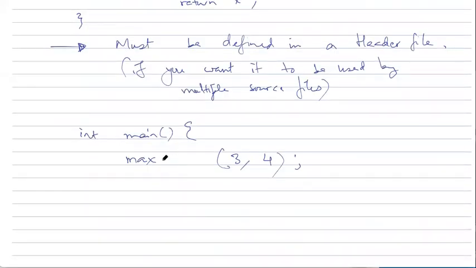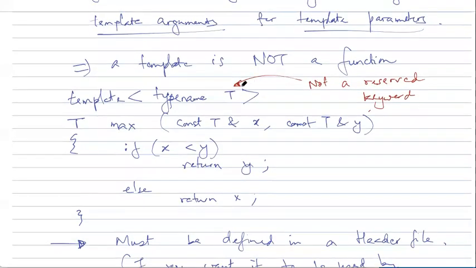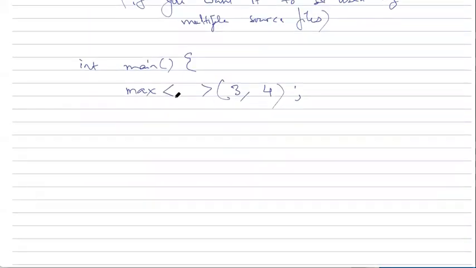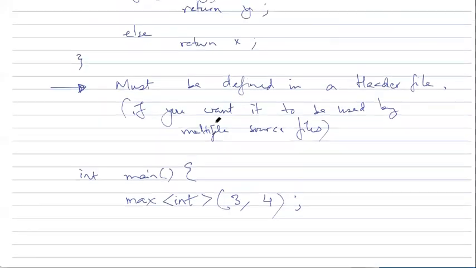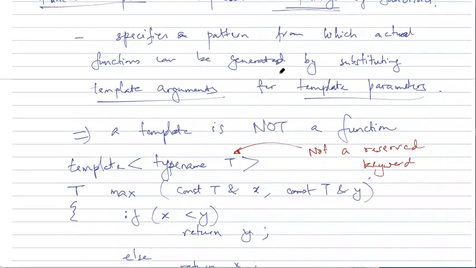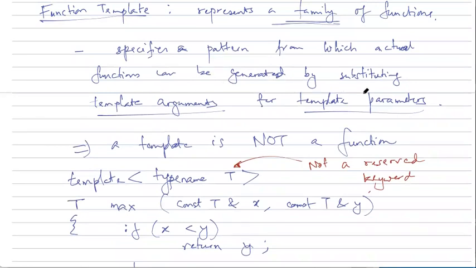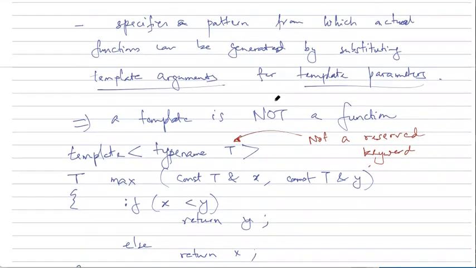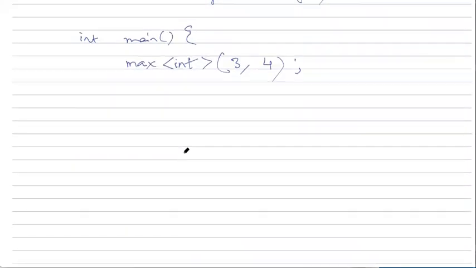Therefore you have to put in the angle bracket what is going to replace this T. So in this case you are dealing with integer, so you replace it with int. And as soon as you put int, this is going to generate a function with T substituted by int. And that's what we said, that the function will be generated by the compiler, okay, by substituting the template arguments for the template parameters.